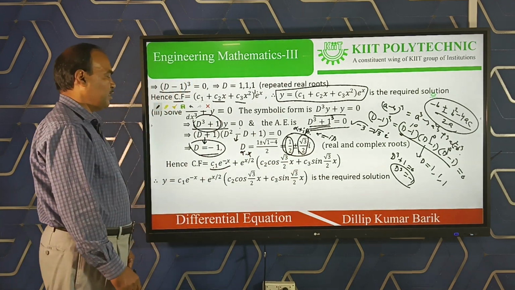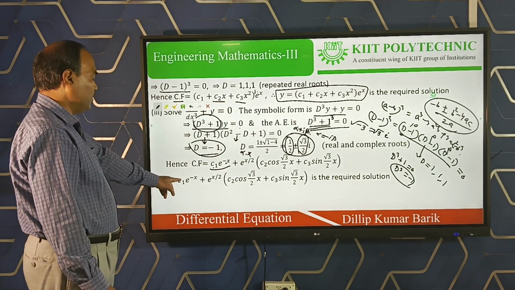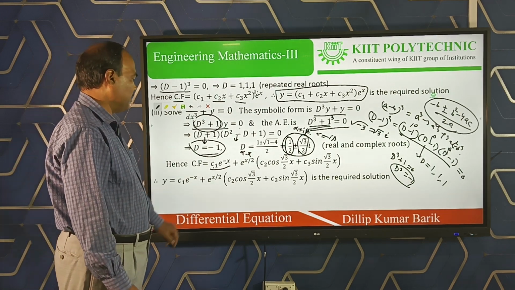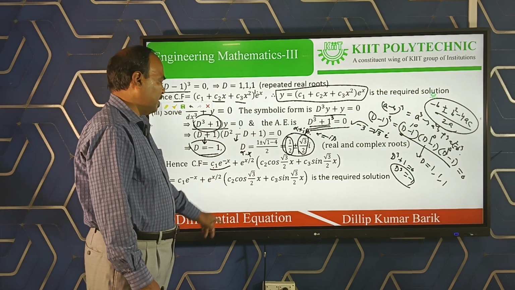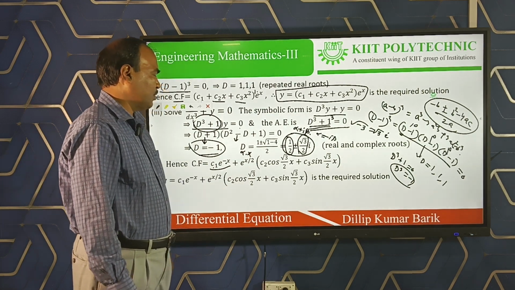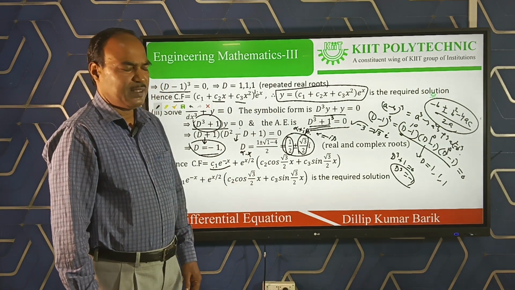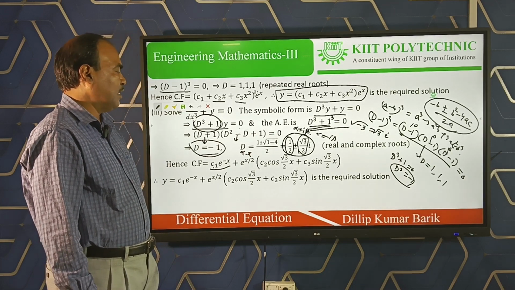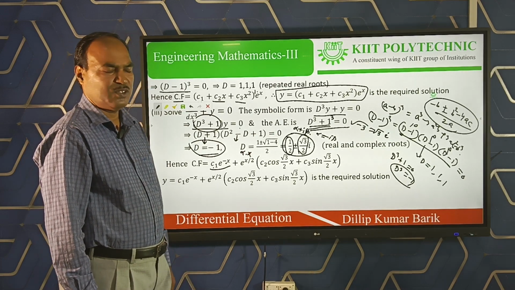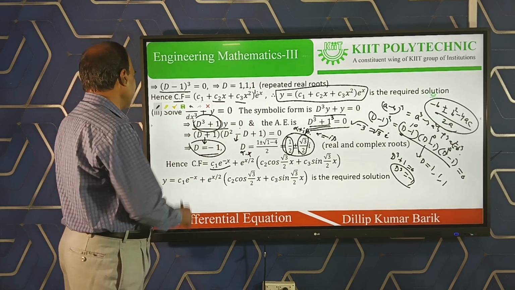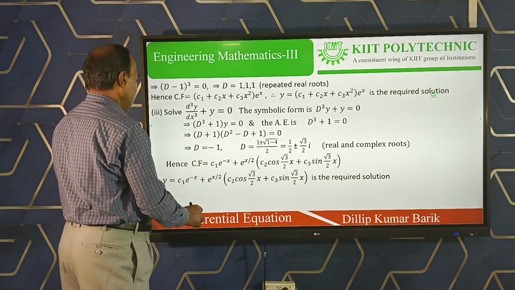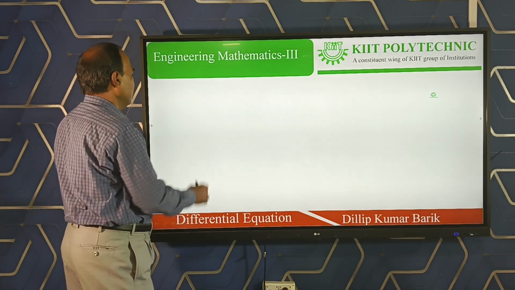So the final solution is y is equal to c1 e to the power minus x plus e to the power x by 2 (c2 cos root 3 by 2 x plus c3 sin root 3 by 2 x), which is the required solution.